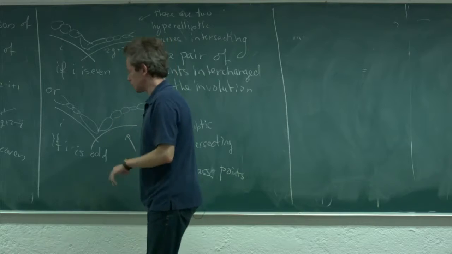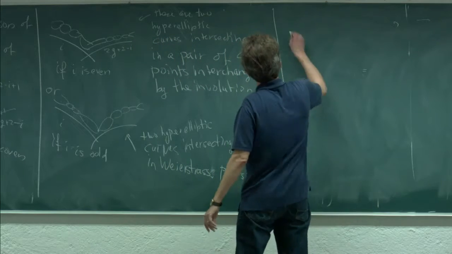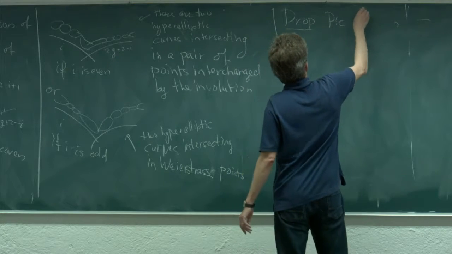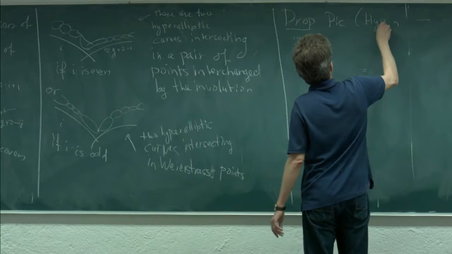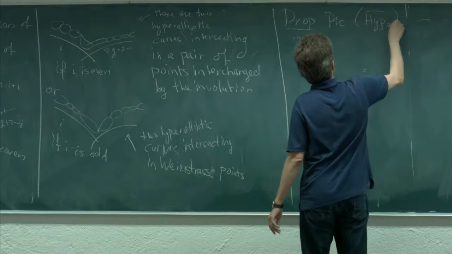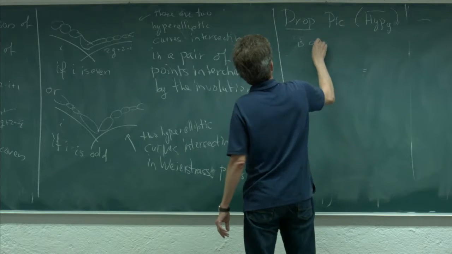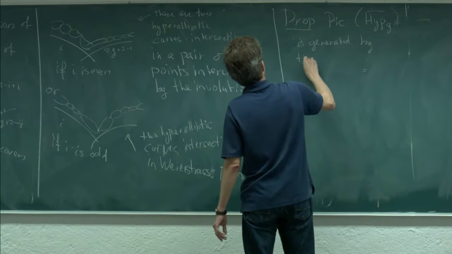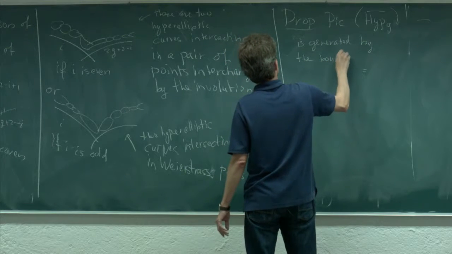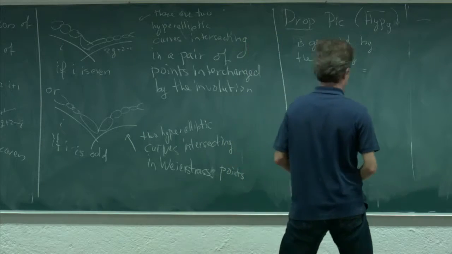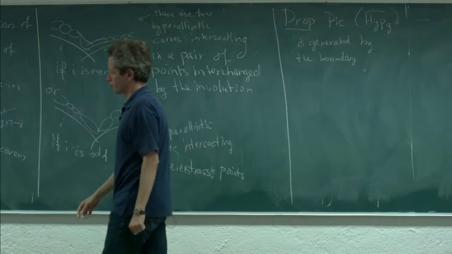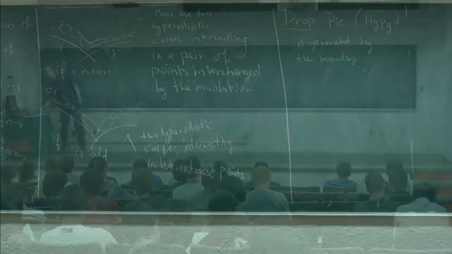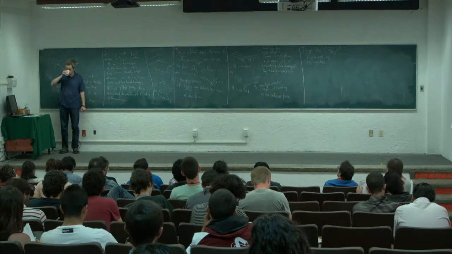So this is a compactification of the hyperelliptic locus, and you can see that the Picard group of the compactification of the hyperelliptic locus is generated by the boundary. Because the hyperelliptic locus M_{0,2g+2} is affine, so there are no classes in the interior.